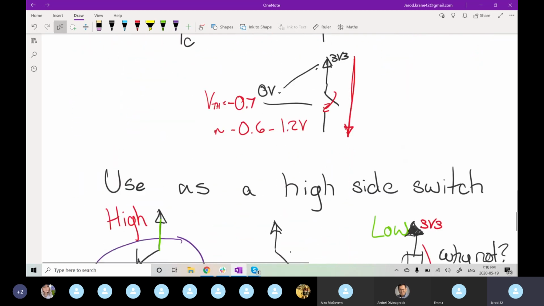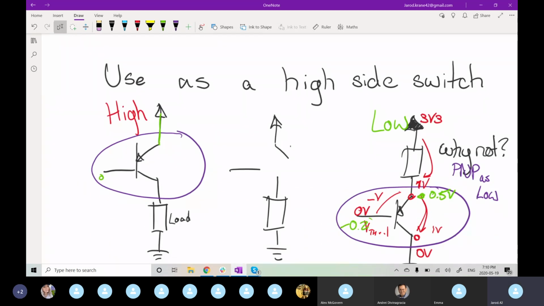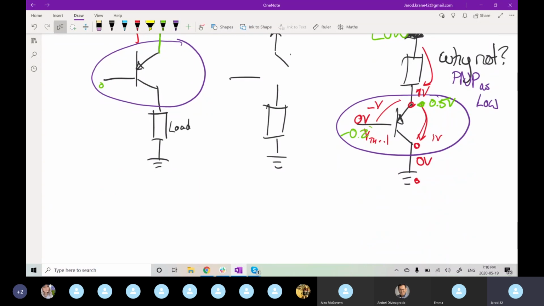Okay. That is basically everything I had on transistors. Now, I notice we're already at an hour for this lesson, and MOSFETs would probably take an additional hour, or close to.